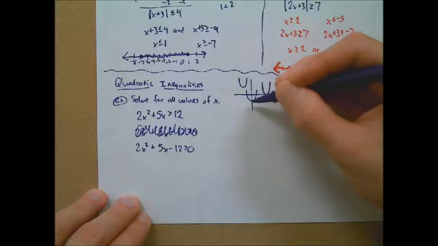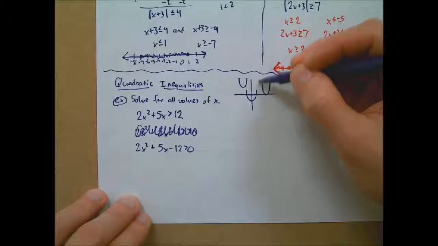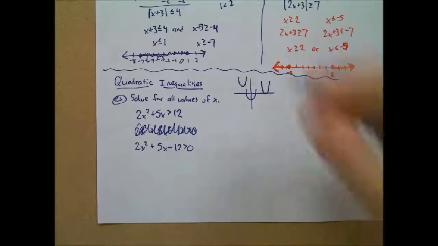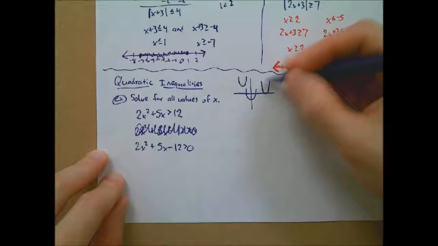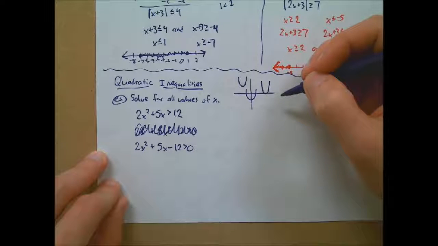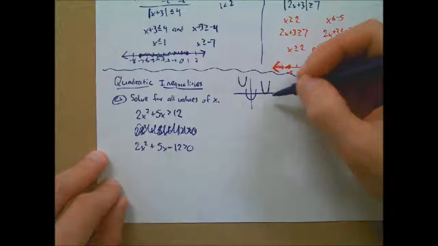Everything left of this 0 and everything right of this 0, because to the left of this 0 we're positive, and to the right of this 0 we're positive. So we could have two inequalities going different directions. And for this one, when is this parabola greater than 0? All real numbers except one number. Yeah, all real numbers except whatever that vertex is right there where it's touching. Exactly right.